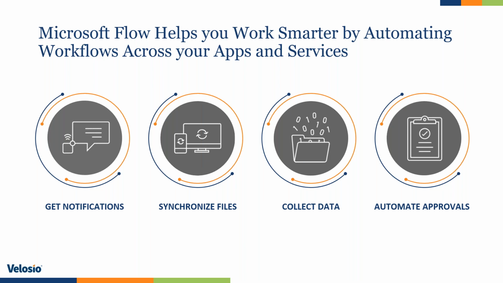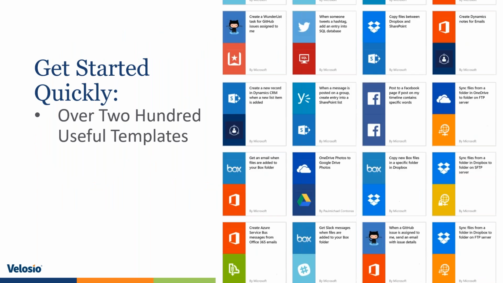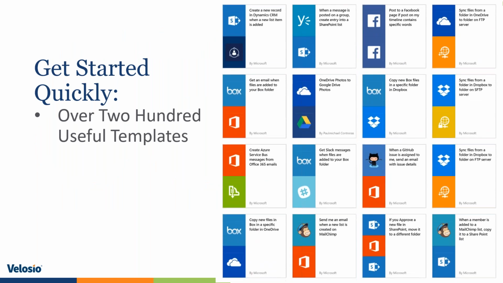So we're going to get into here some ideas for flow. But I want to start by saying there are hundreds of templates that exist. You can go out to the Flow website and browse through these templates to try to get an idea of what you could do with Flow.